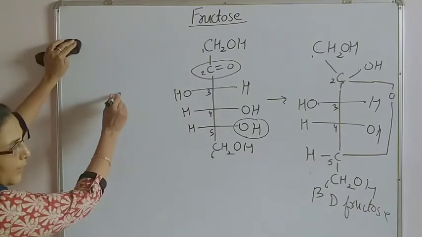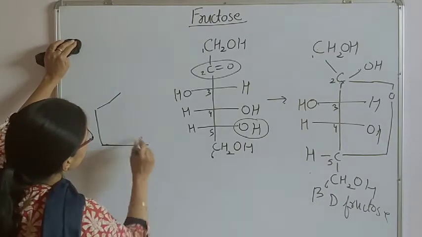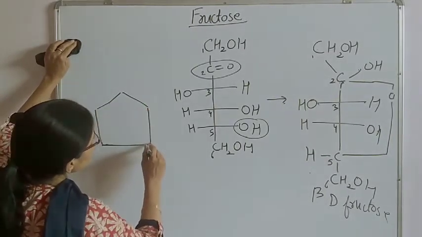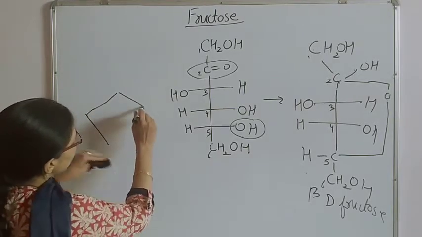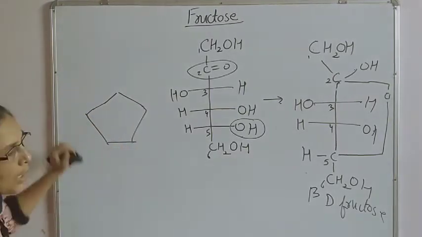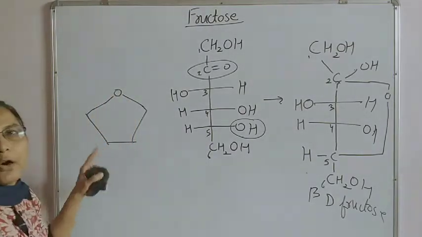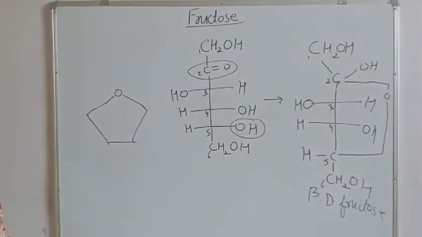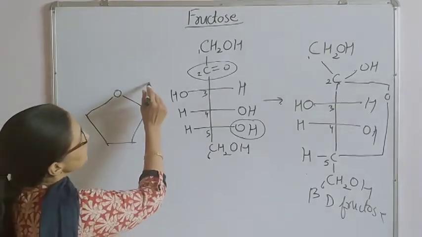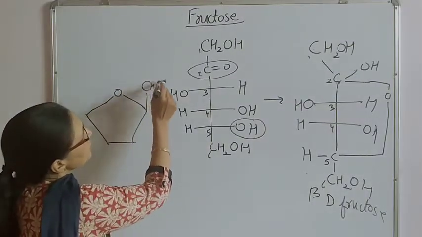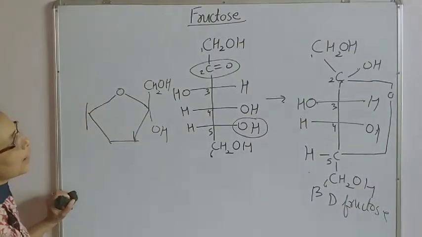We will draw a pentagon. In this pentagon, the top atom is oxygen and the rest of the structure is like that, CH2OH. So in this pentagon, oxygen is at the center.